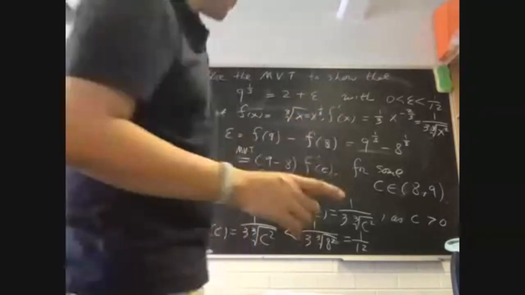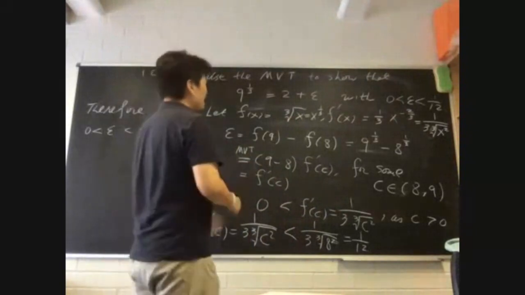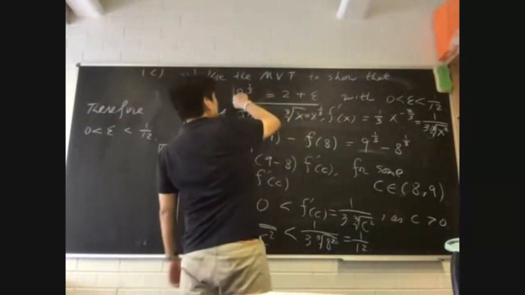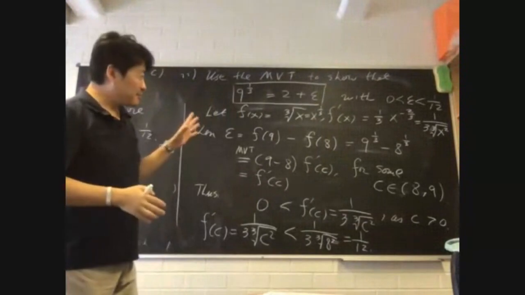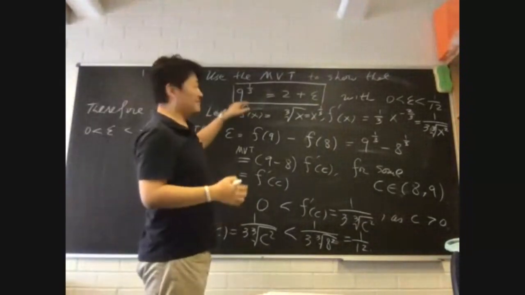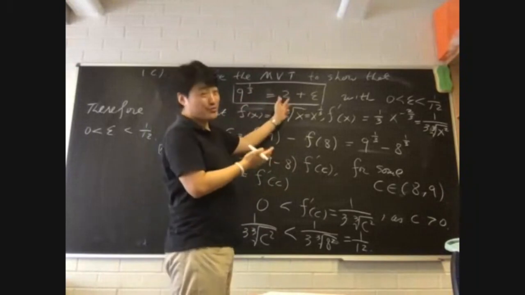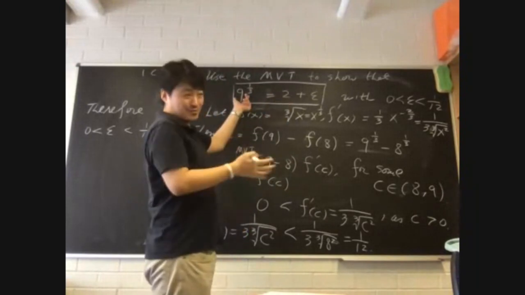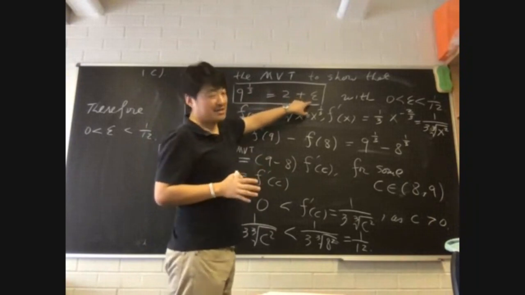Well, actually, the point of the problem is the following. This thing here, the cube root of 9 equals 2 plus epsilon. The point of that is, well, we know what this number is. We know what 2 is. I mean, this number is whatever it is. This thing gives you a definition of epsilon.